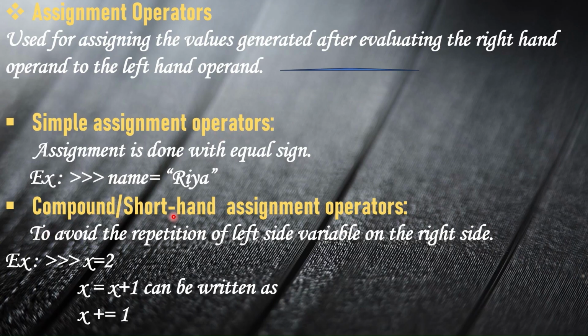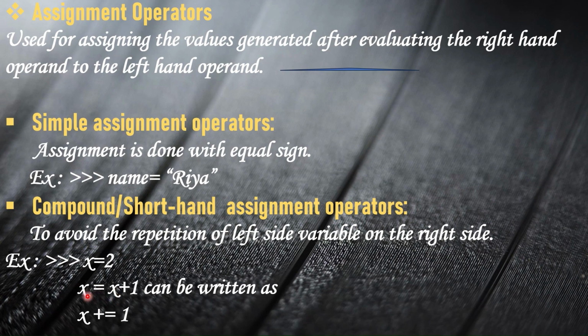Whereas in compound or shorthand assignment operators, assignment is done with the help of the equal sign only, but here some repetition needs to be avoided. In this example, I have declared the value of x as 2. In the next statement, I want to add the value 1 to the variable x, so I have written the statement as x = x + 1. If you look at this statement, the left-hand side variable is repeated on the right side also.